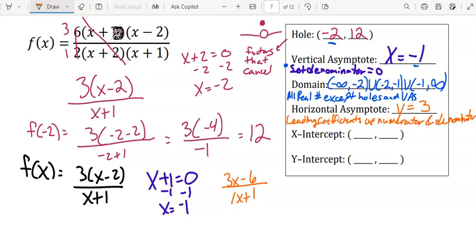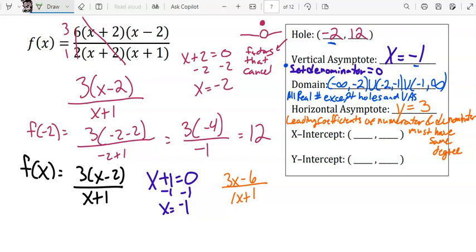And also the leading terms must have the same degree. If they don't, you'll put a 0x to some power to make that so.